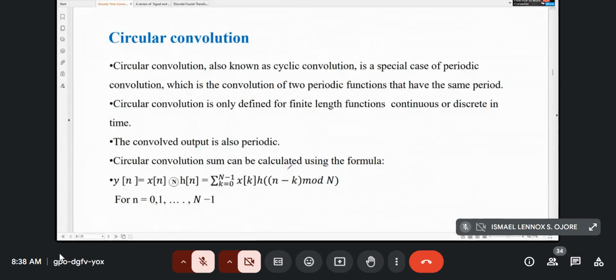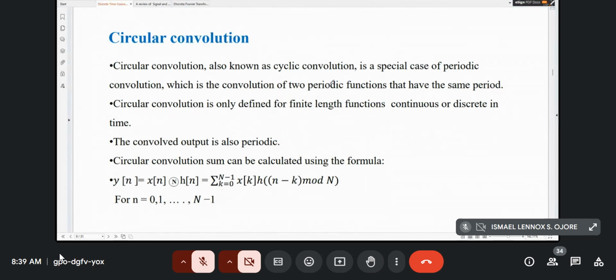That's why we use circular convolution, which is known as cyclic convolution, a special case of periodic convolution. We use this convolution when there are two functions which are periodic of the same period, which means they have to have the same number of samples. If it's periodic, it means the same number of samples keep on repeating.